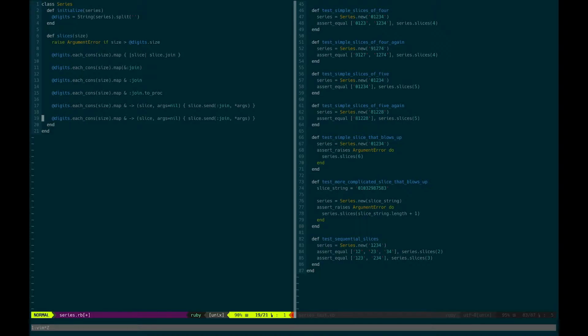But in our instance, map does not send any extra arguments. It's just the first one, so we can get rid of those because we're not going to have them. But going back to what I was saying about send, we can rewrite that as slice.join. Now that we've got our proc that looks like this, what does the ampersand do with it?